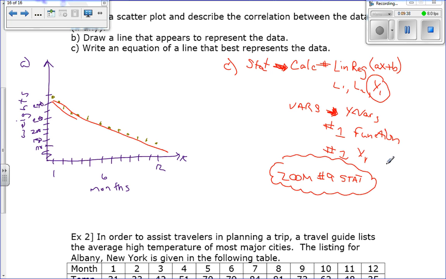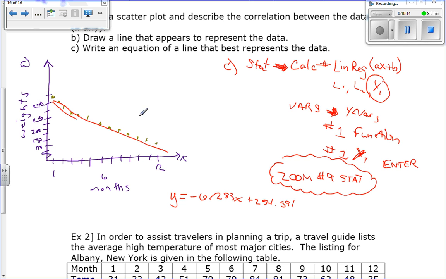At this point, if I hit enter, a bunch of data will pop up on my screen, and I will get the equation rounded to at least three decimal places. Y equals negative 6.283x plus 254.591.